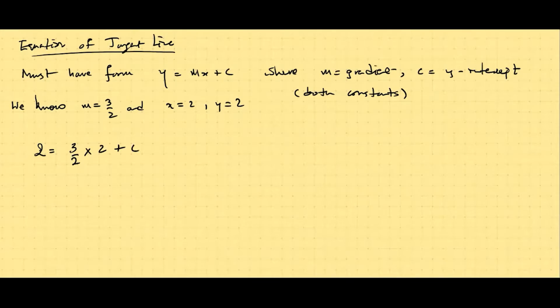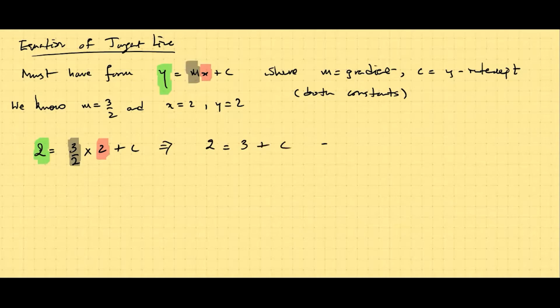Because just to be absolutely crystal clear, my y is 2 and my x is 2, and of course my gradient, which is what we spent the first part working out, is 3 over 2. So we can solve this to say 2 is equal to 3 over 2 times by 2, which is just 3, plus c, which then tells me c is 2 minus 3, which is minus 1.